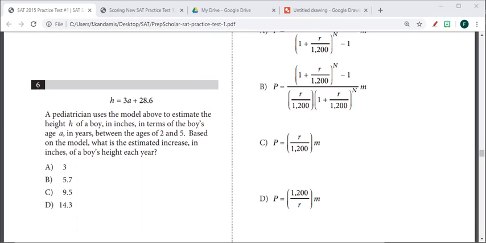Based on the model, what is the estimated increase in inches of a boy's height each year? Each year, so we're just looking for a coefficient. Height is in inches, A is years. Each year means there must be 3 for each year. So the correct answer is A.